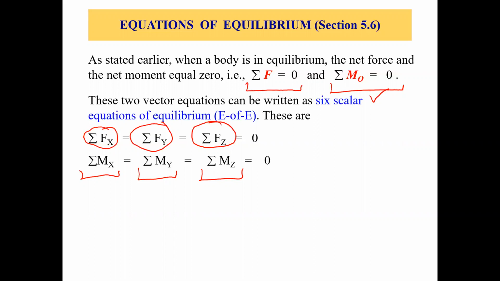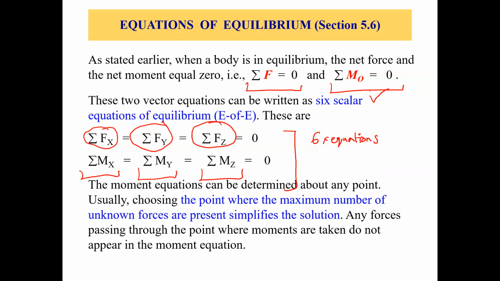So there's no net moment in the x direction, y direction, or z direction. So these six equations are the equations of equilibrium for 3 dimensions, right? Once we talk about a rigid body in 3D space, we can use these 6 equations, right?